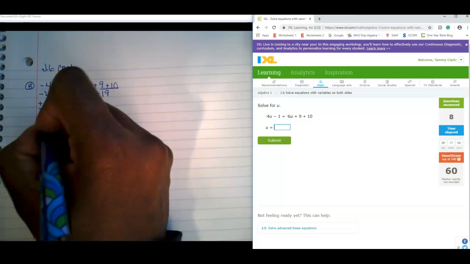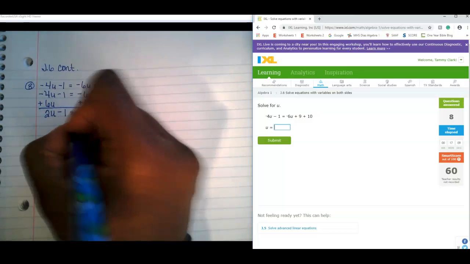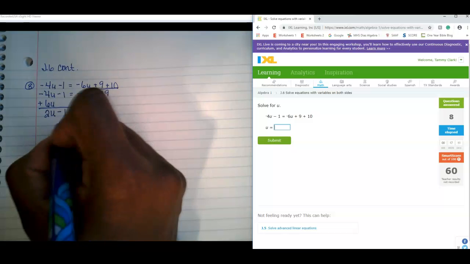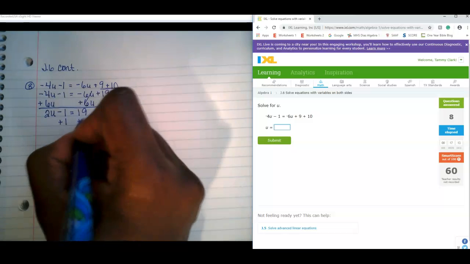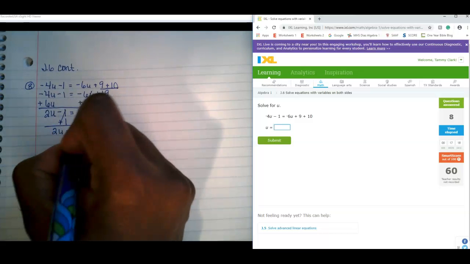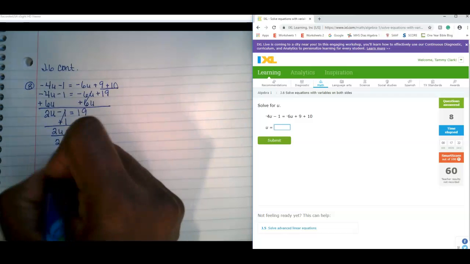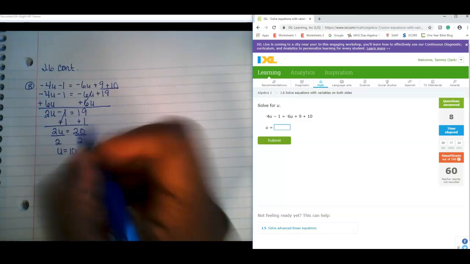Well, 6 has the advantage by 2. So it's positive 2u minus 1 equals 19. We're going to add 1 to both sides of the equation. So we have 2u is equal to 20. We divide by 2 on both sides of the equation. Therefore, u is equal to 10.